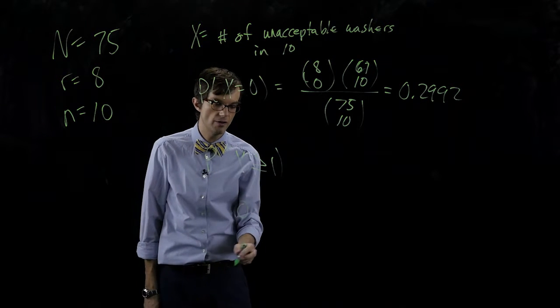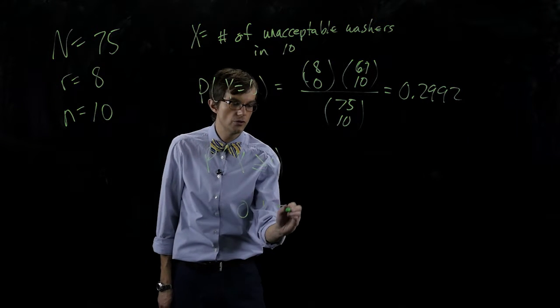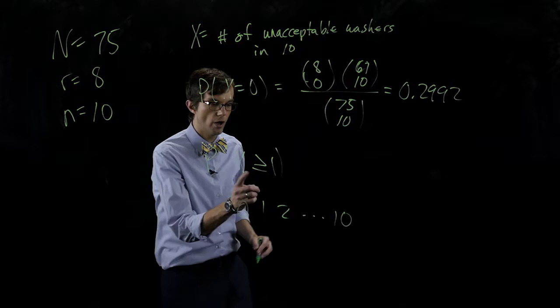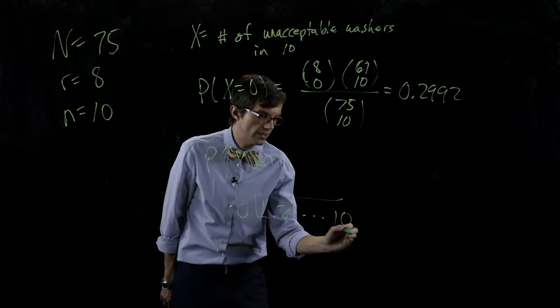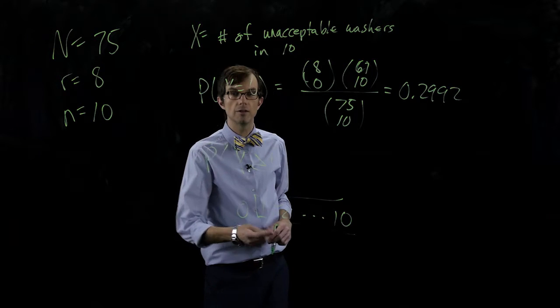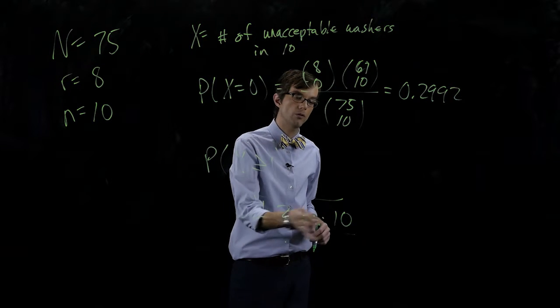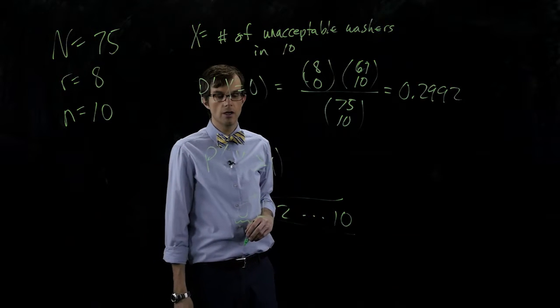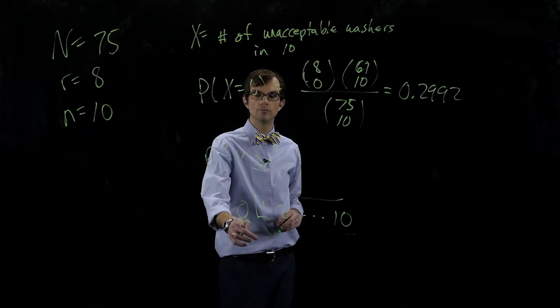Well, we could see none of them, 1, 2, all the way up to 10. If we want one or more, that would be all of these. We'd have to enumerate all these probabilities individually: probability y equals 1, probability y equals 2, all the way up to 10. Or we could just take the complement of the probability that y equals 0.